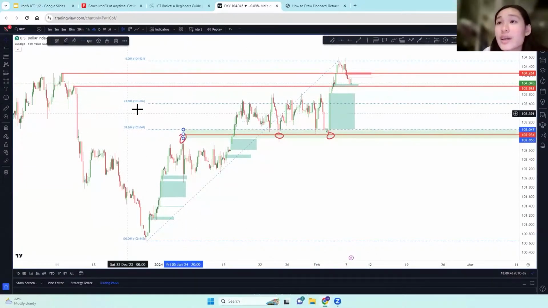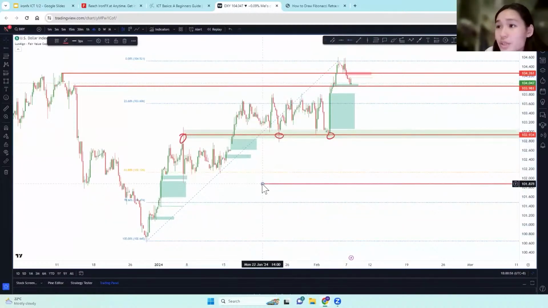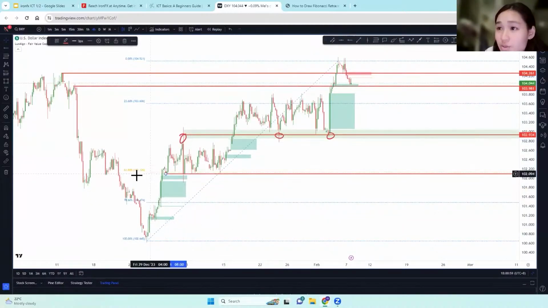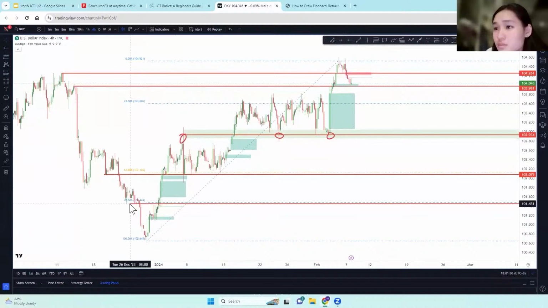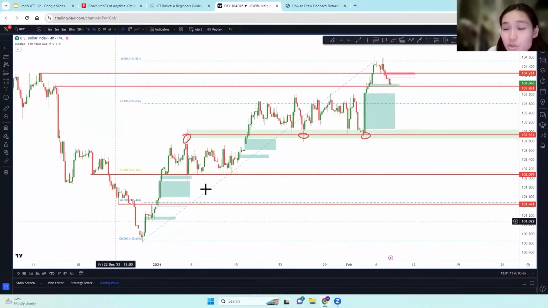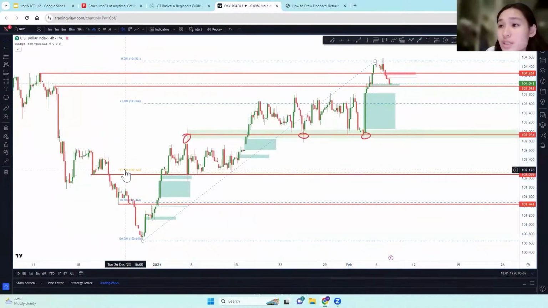The 61.8 also lines up with the highlighted fair value gaps over here. The 78.6 doesn't really match up, apart from this swing low, which is fine. It doesn't always have to match up. You can see that this 61.8 is a pretty significant level here.